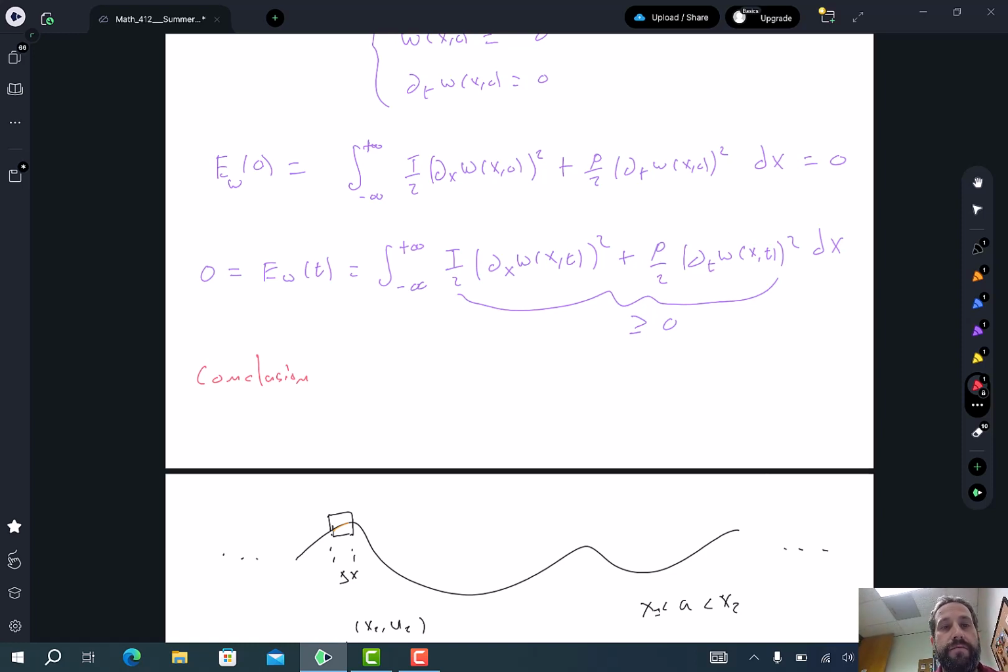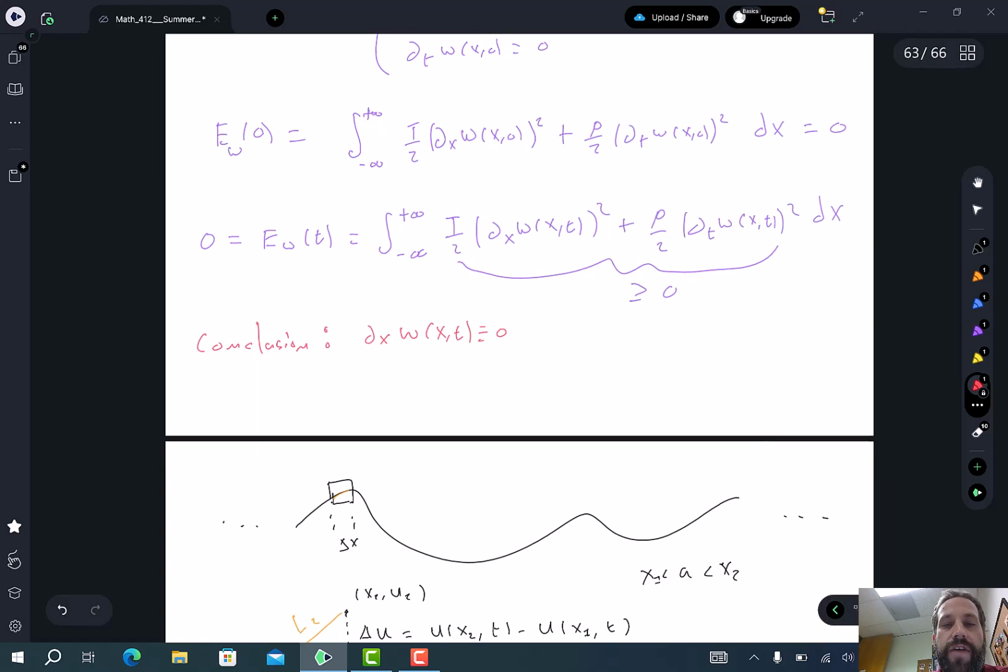So both non-negative parts of it have to be equal to 0 as well. The conclusion then is that the x derivative of W is identically equal to 0 for all values of x and all values of t, and the t derivative of W is equal to 0 for all values of x and all values of t.